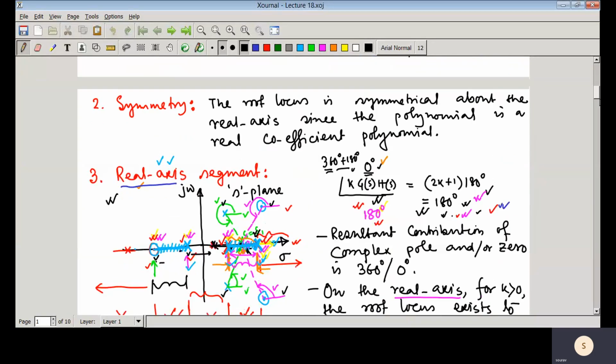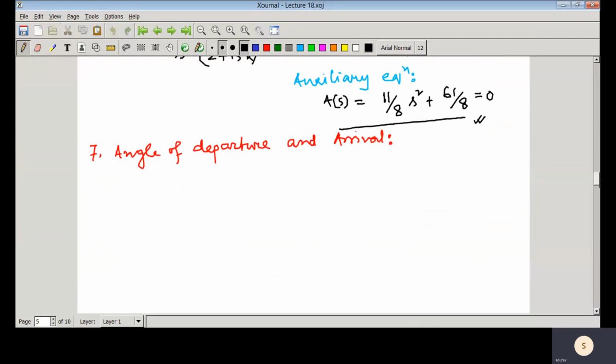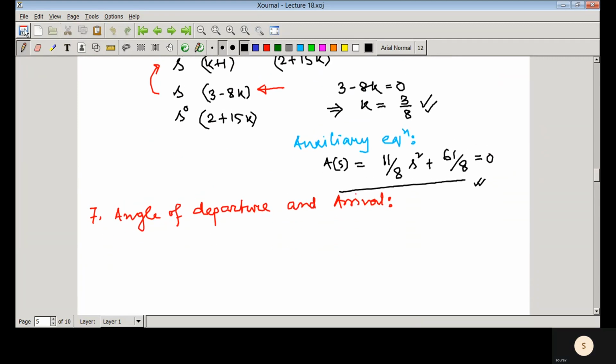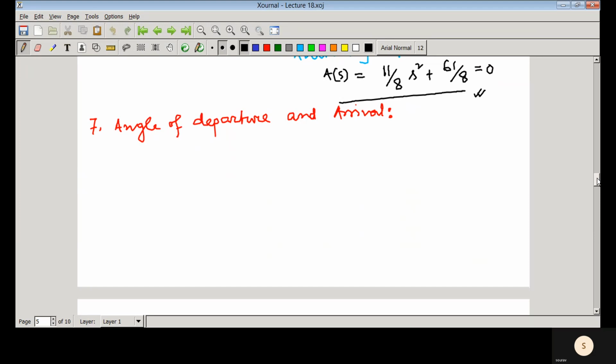So we are discussing here the angle of departure and arrival, and this particular concept is required whenever you have complex conjugate poles and zeros.